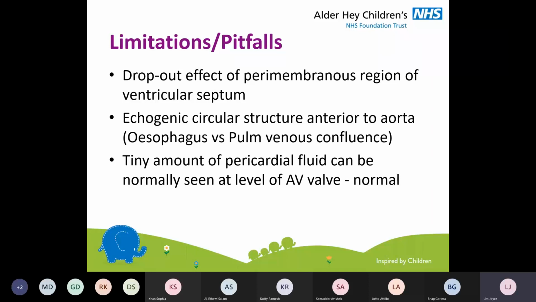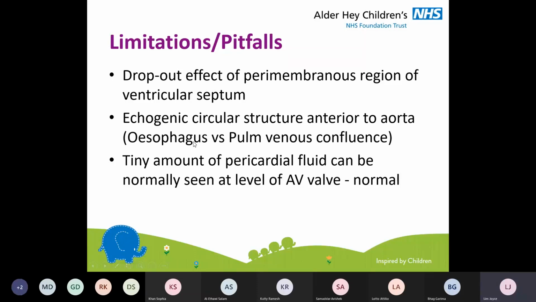So what are the limitations and pitfalls when you look at a four-chamber view? Obviously, if you are trying to look at the perimembranous region of the ventricular septum itself, you might miss it occasionally depending on which plane or which direction of the plane that you are seeing, because it's very thin, and you might actually misdiagnose or overdiagnose a perimembranous VSD.